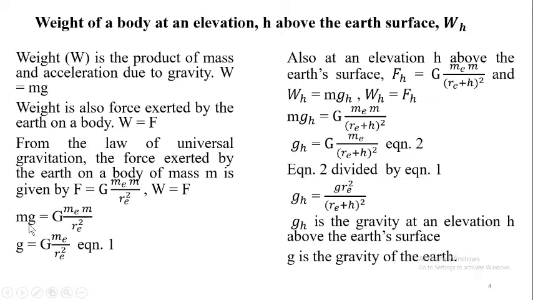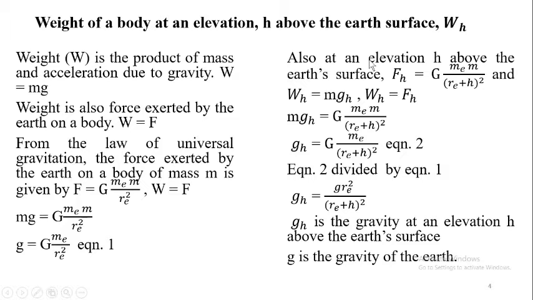When you do that, you have mg equals G times m_e times m all over r_e squared. When you simplify further, you will get g equals G times the mass of the Earth m_e all over the radius of the Earth squared.